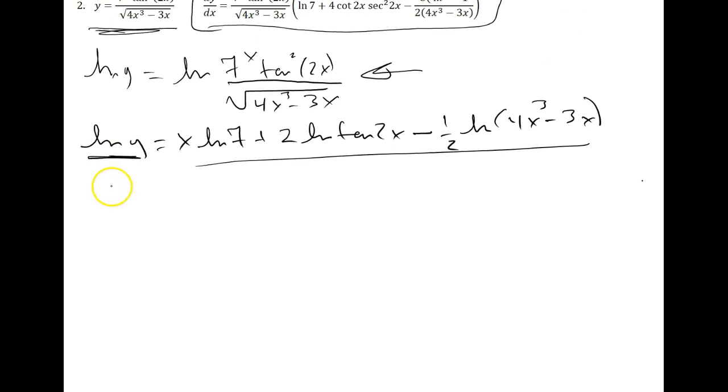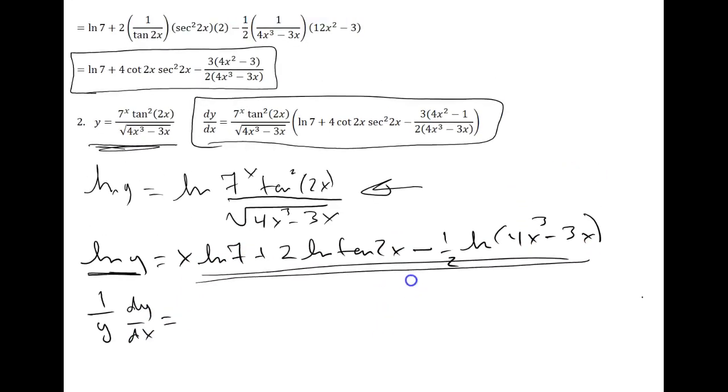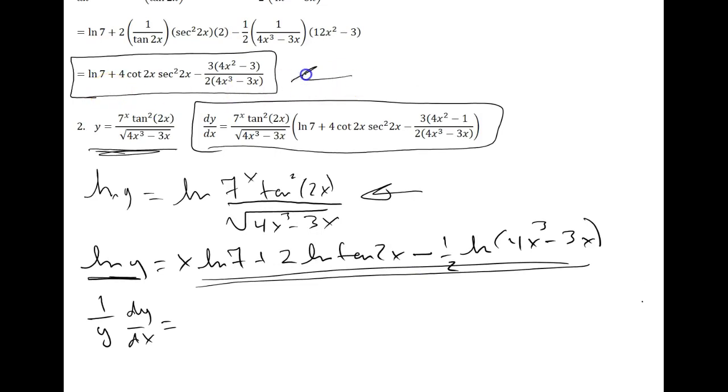So the derivative of natural log of y is 1 over y times y prime, or if you want, dy/dx, equals. Now the derivative of this term, this side right here, we've already worked out, right? And it's this right here. So I'm just going to write that down and save some time.